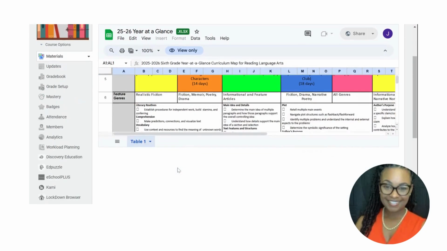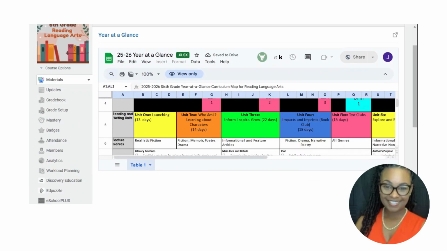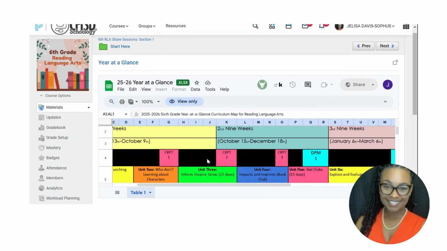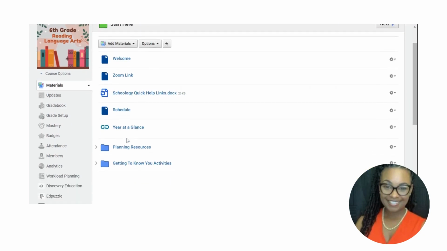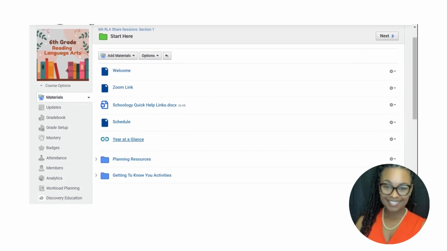The year at a glance provides a more detailed calendar with the unit breakdown and all of the district assessments as well, which is very important whenever you're planning curriculum, not only for the year, but unit by unit to ensure that you are hitting the necessary TEKS that you should hit for compliance.